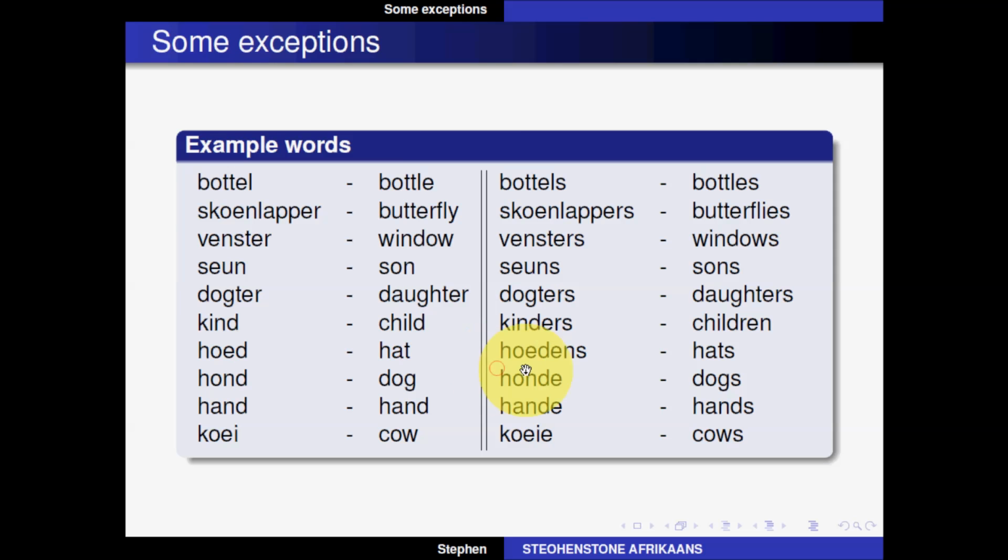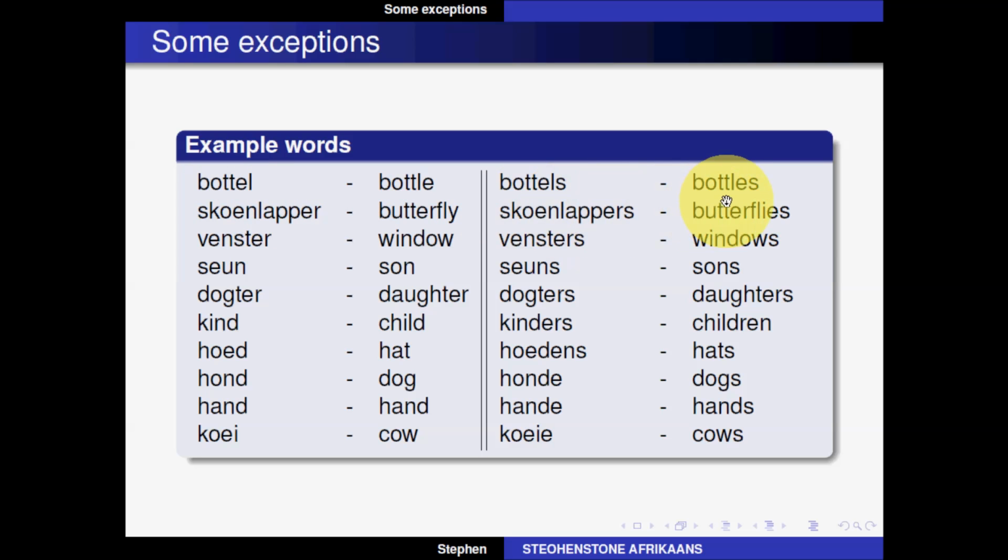So let's look at a few of these words that we need for our basic vocabulary and what the plurals are. The word for bottle in Afrikaans is bottle. It's very similar, but a slight difference in pronunciation.